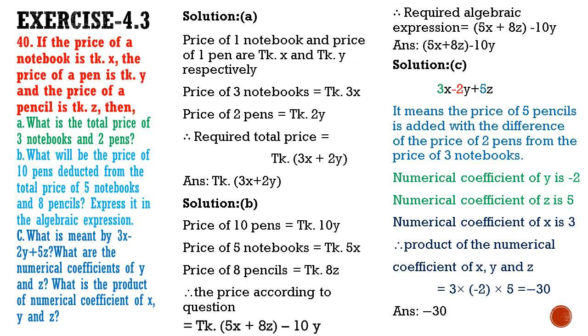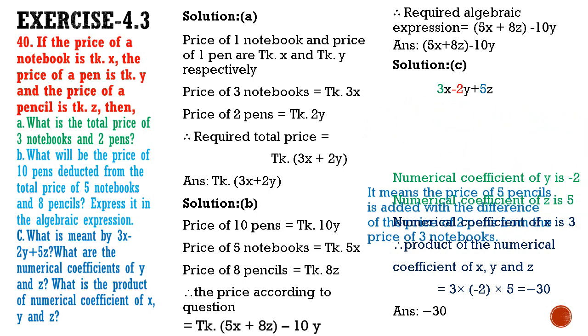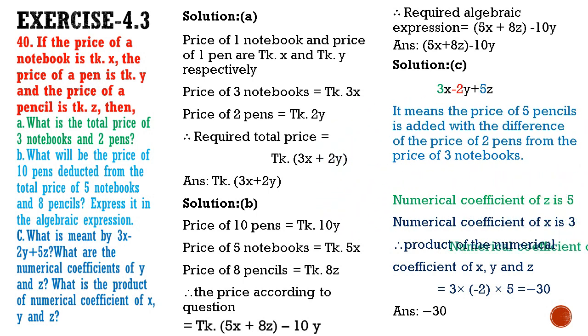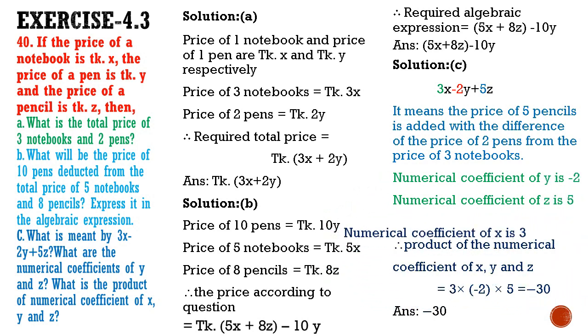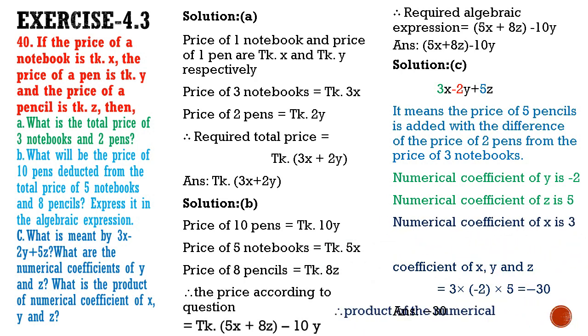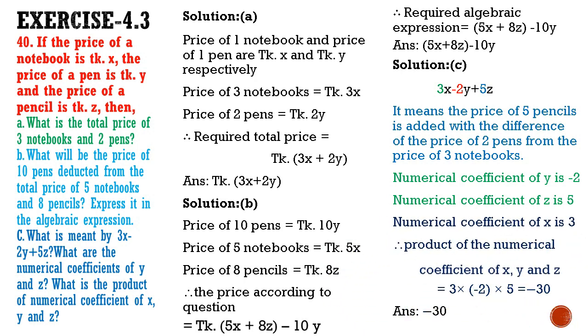Now question number C. From 3x minus 2y plus 5z, we get numerical coefficient of y is minus 2, numerical coefficient of z is 5, numerical coefficient of x is 3. Therefore product of the numerical coefficient of x, y and z equals minus 30, which is the desired answer.